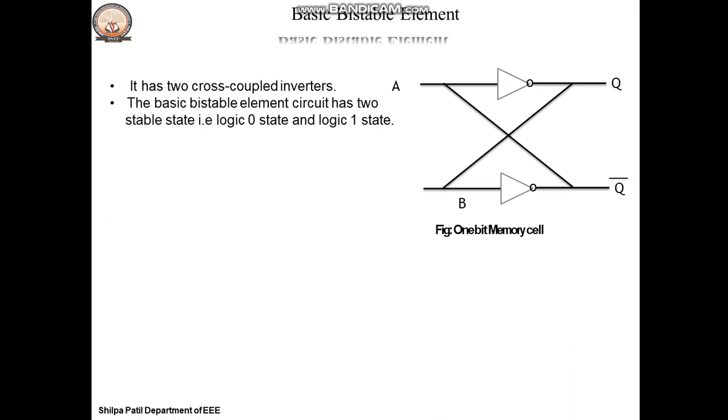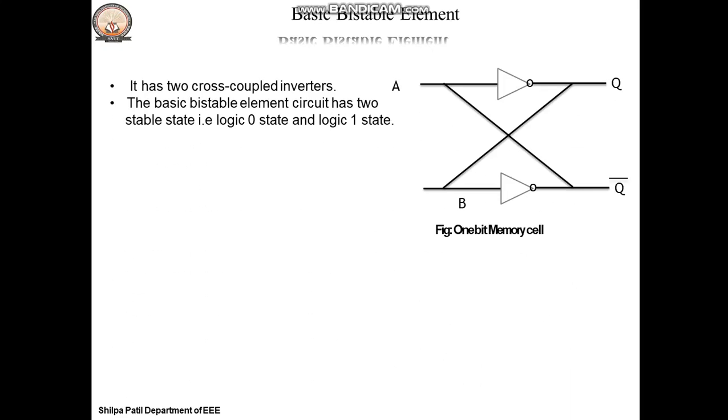When you analyze this circuit, giving different inputs, you will get two stable states. One is a logic 0 state and another one is a logic 1 state. We will analyze with the different inputs.